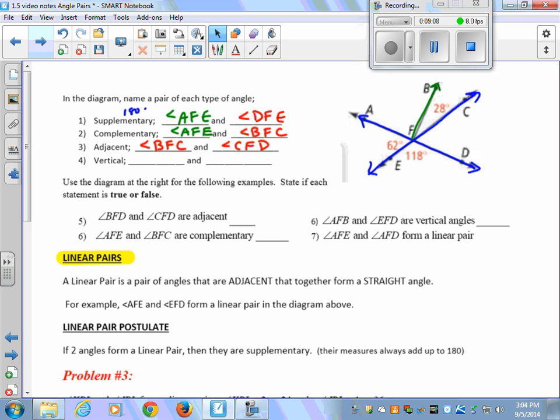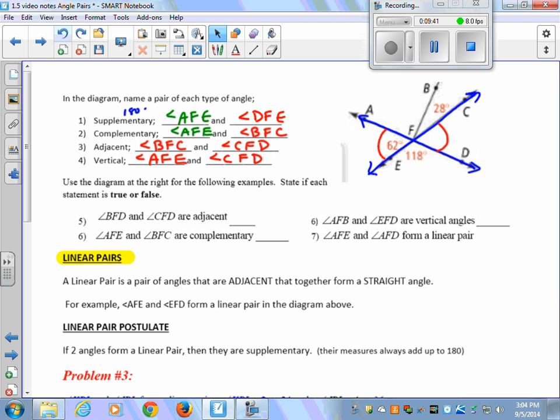It doesn't extend in the other direction, so that's not a line, it's just a ray. We can't involve that when we're looking for vertical angles. So the two vertical angles that I will name here are this one here and this one here. They're across from each other: angle AFE and angle CFD.